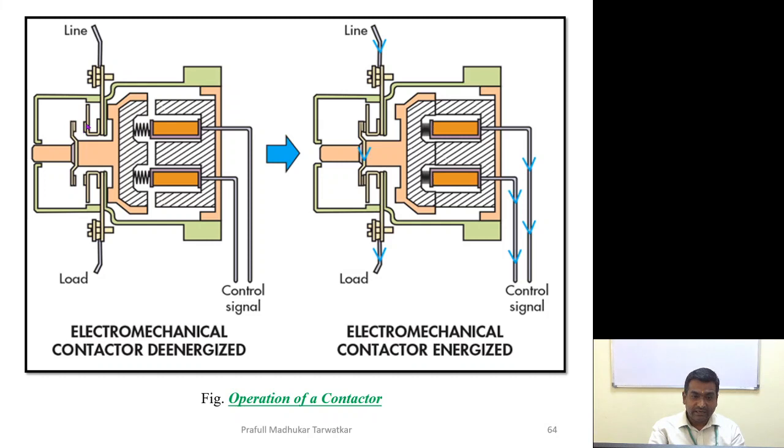So when the contact gets closed, see here, previously they were open, so incomer and outgoing circuit were disconnected. When the plunger gets pulled in, these contacts are connected to each other. Now the incoming line and the outgoing line are connected, feeding the load. So this is about the operation of the contactor.